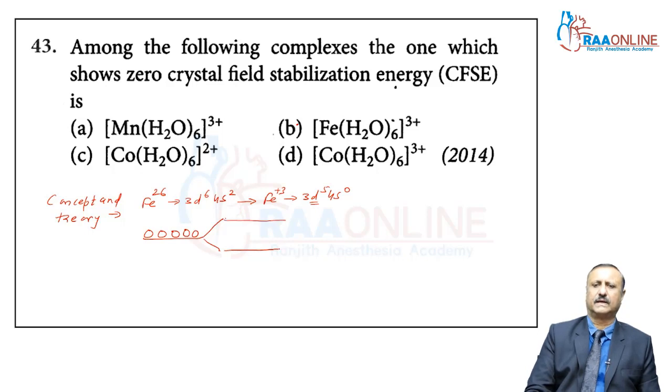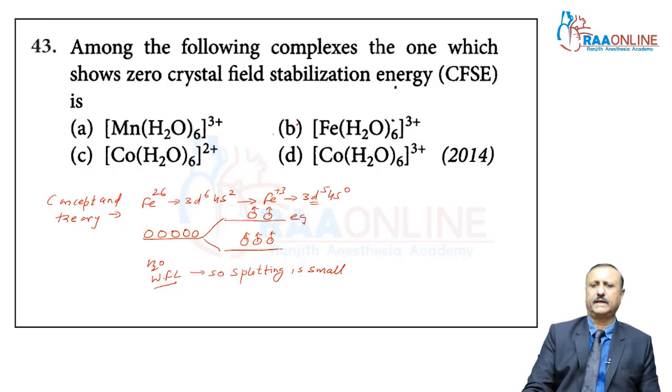The water ligand comes with iron, and water is a weak field ligand. So splitting is small. When splitting is small, electrons are filled 1, 2, 3, 4 and 5.